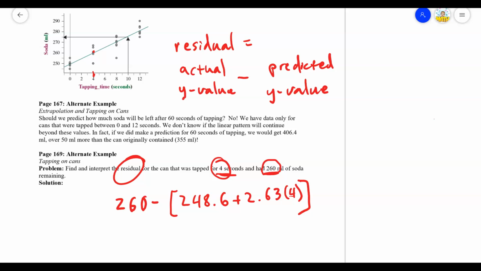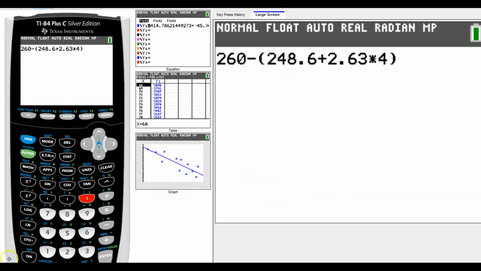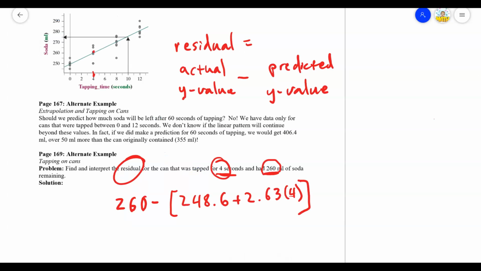It was tapped for 4 seconds. So we'll let the calculator do the heavy lifting here and just plug in. I take the actual 260 minus what will be predicted, and like we said, it looks like a pretty small residual, 0.88 milliliters. Right? That's how much our prediction was off.